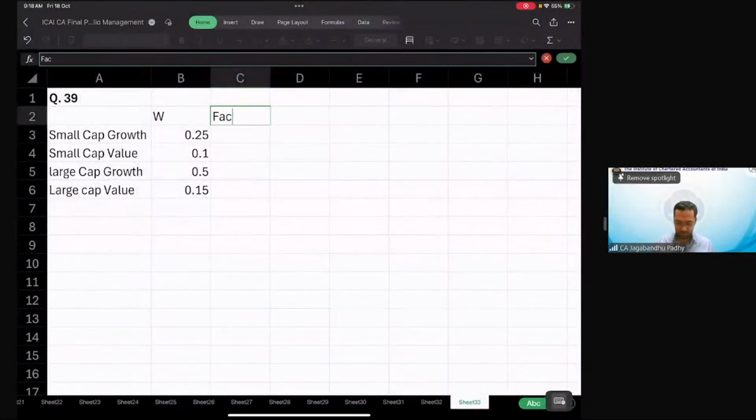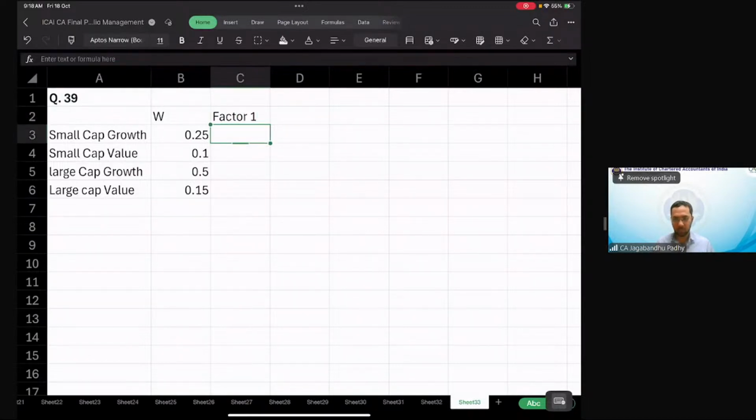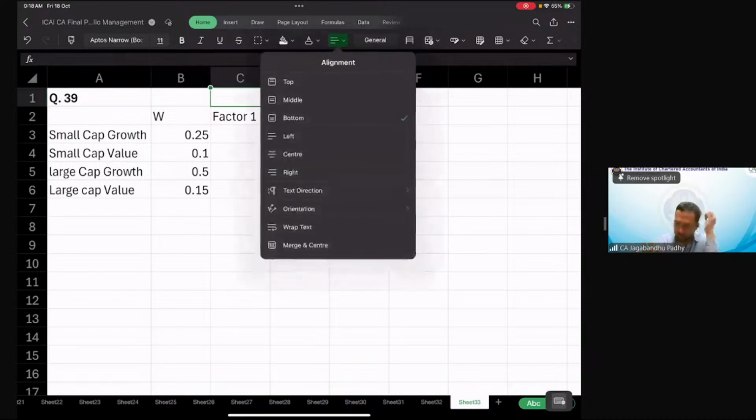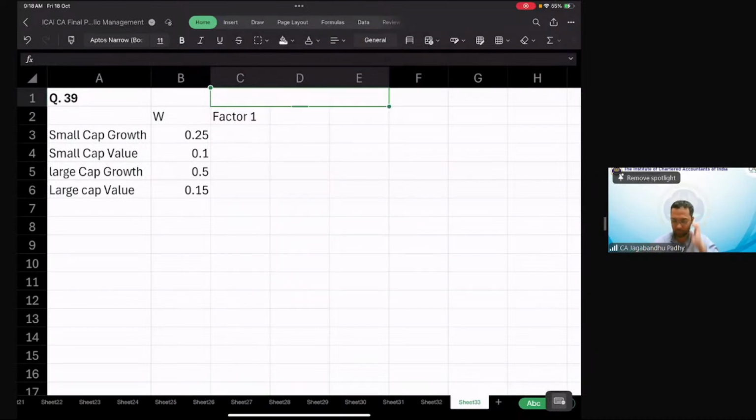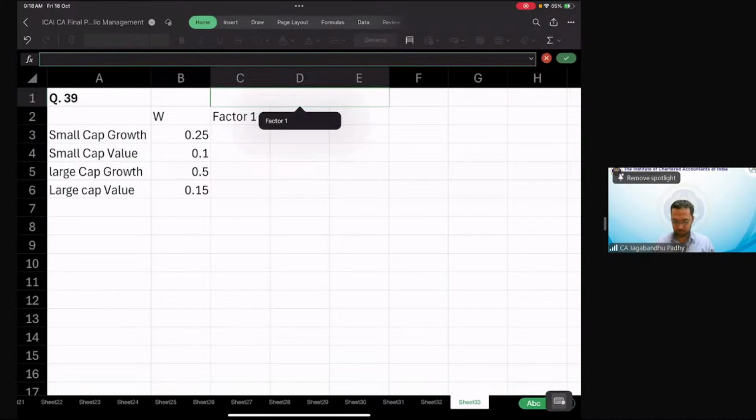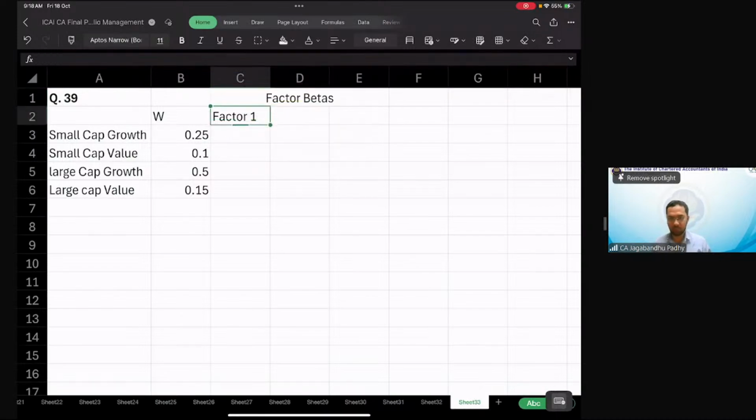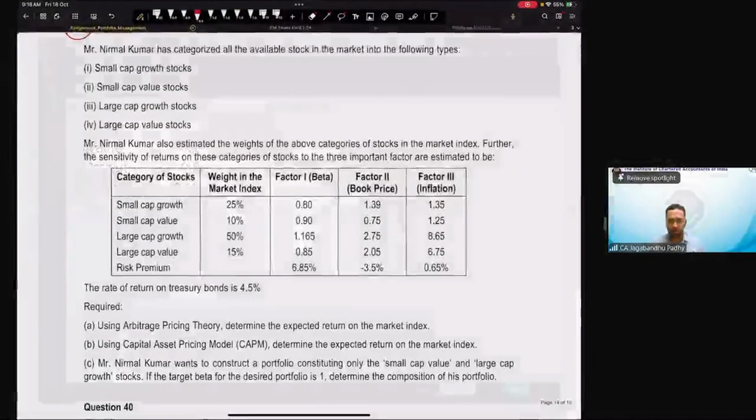Weights are given. Then we have factor 1 beta. So these are the 3 beta values given to us, factor 1, 2, 3.